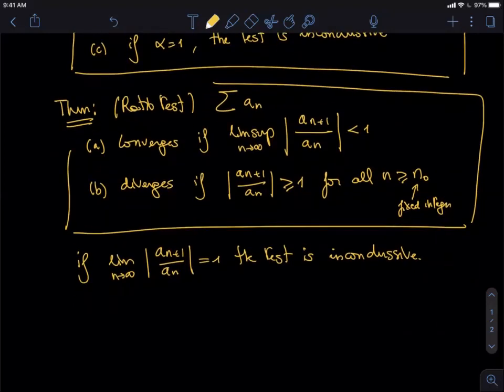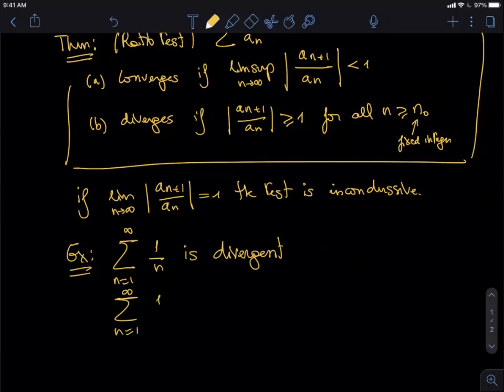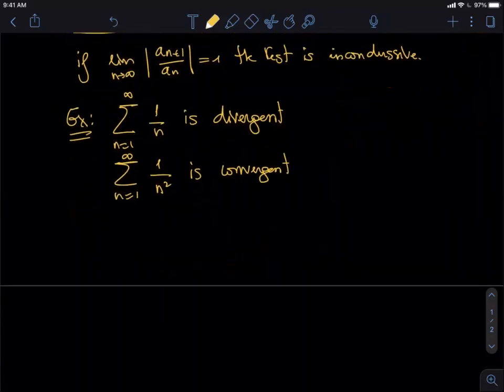What do we mean when we say inconclusive? So for example, we can look at the series, the sum of 1 over n from n equals 1 to infinity, which we know is divergent by the p-series test, and the sum of the reciprocals of the squares, which is convergent also by the p-series test. Okay, let's call an 1 over n, and let's call bn 1 over n squared.